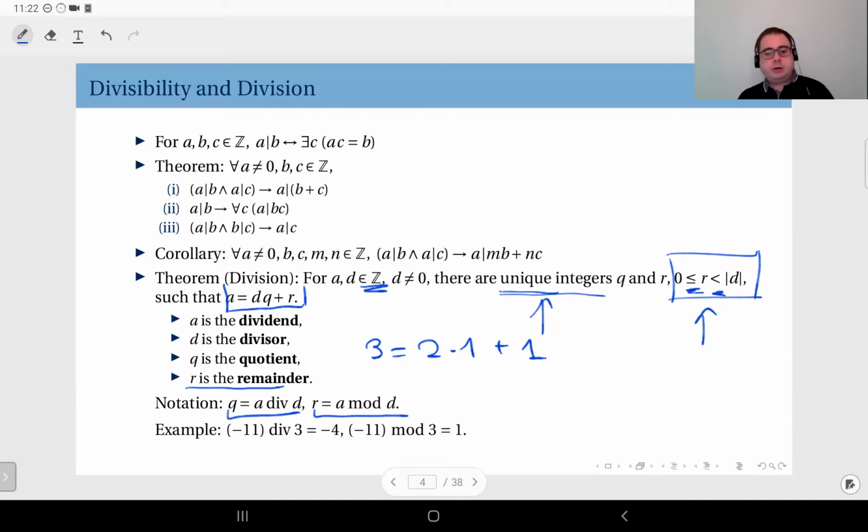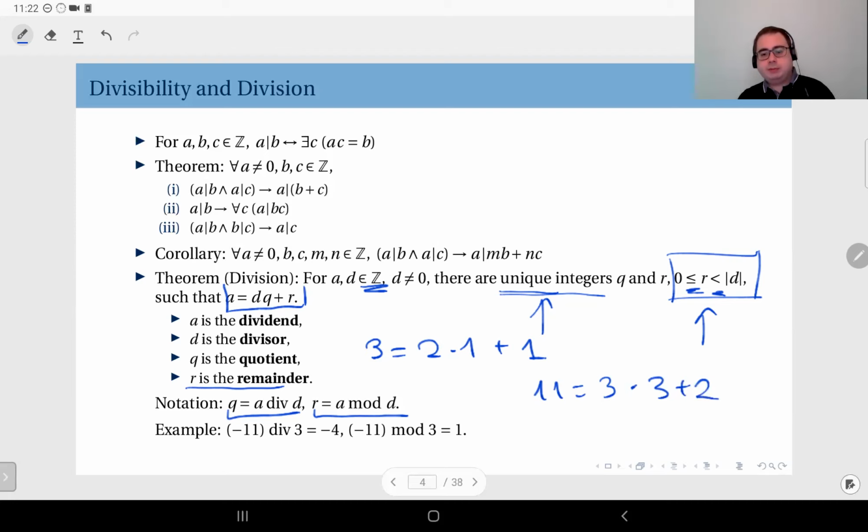The remainder r equals a mod d, okay, a modulo d. Now, as I said, this is a trivial result. You all know from primary school probably, but maybe what is confusing is when you have negative operands rather. So obviously, for instance, 11 equals 3 times 3 plus 2.